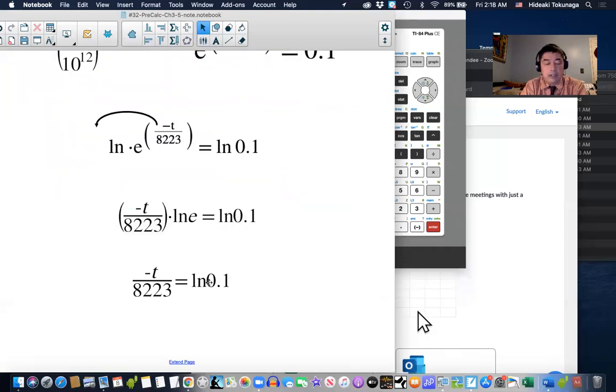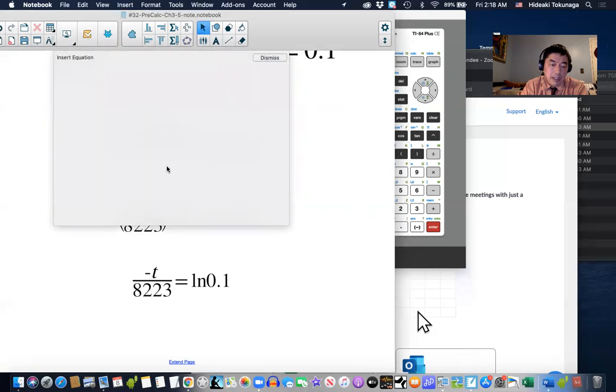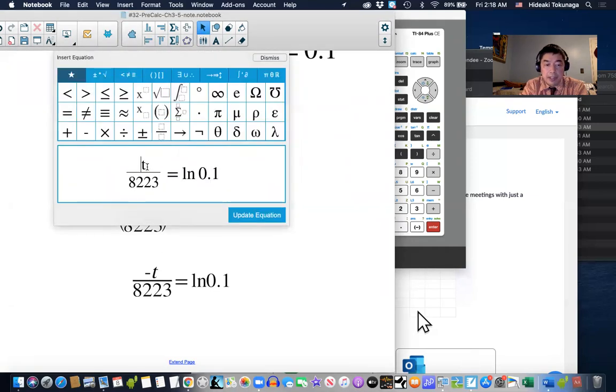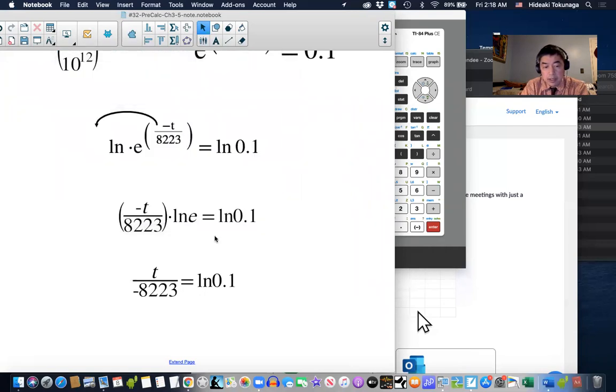Okay, now this becomes algebra. Negative t over 8,223. Instead of negative t, I make it positive t and let the other side carry the negative. So it's not the same information. And now it's a cross multiplication.